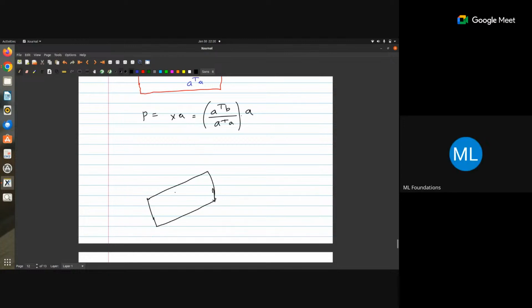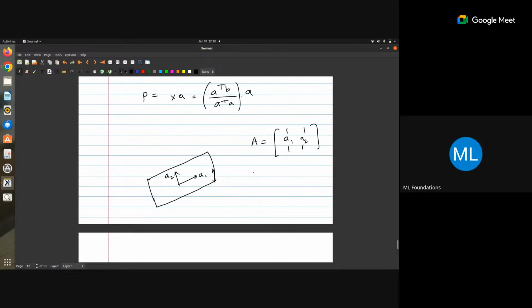Let us say there are two components to it, two vectors a1, a2. Suppose this is a1, this is a2, right?